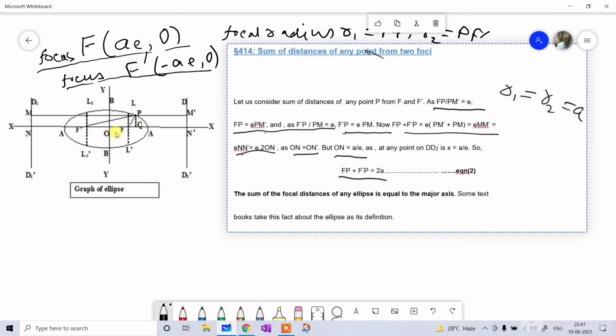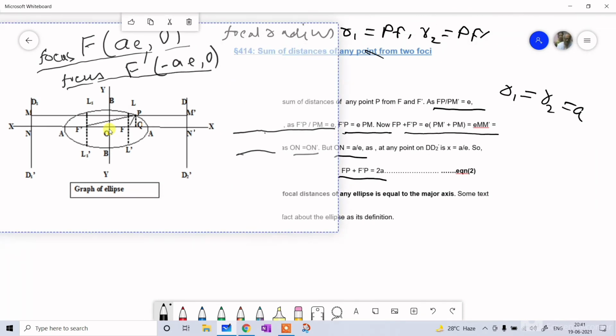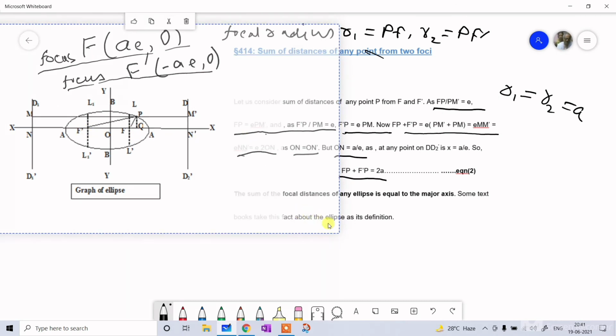That means the center O is split into two and driven apart by these two directrices, so that the two foci move from the center to focus F and focus F', but their sum still remains 2a, or the diameter of the circle, which is the major axis. So this is the meaning of eccentricity.